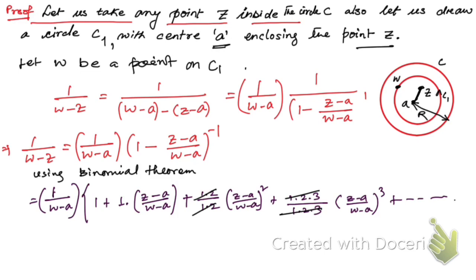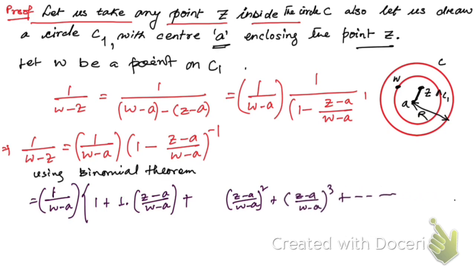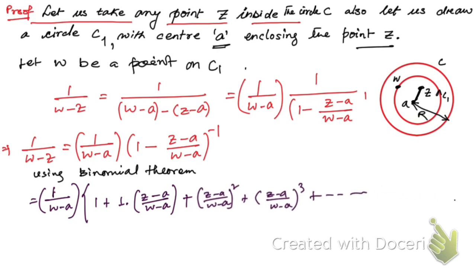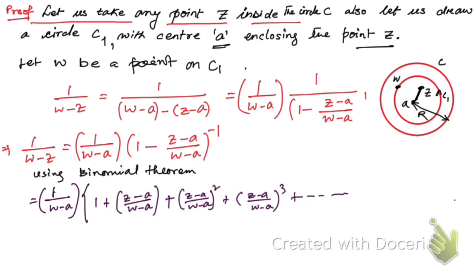This is the result we have got after application of the binomial theorem, right? Just wait, let me write that. That's the result, and here we can write z minus a whole to the power n by w minus a whole to the power n, right?